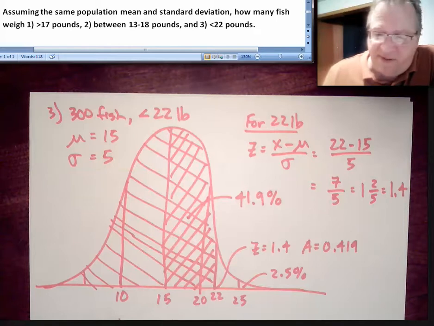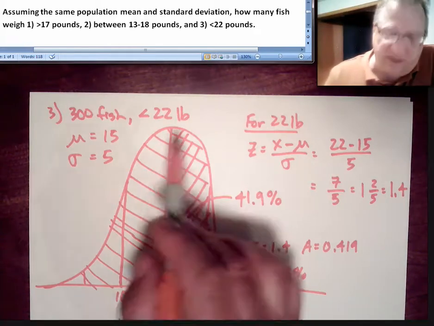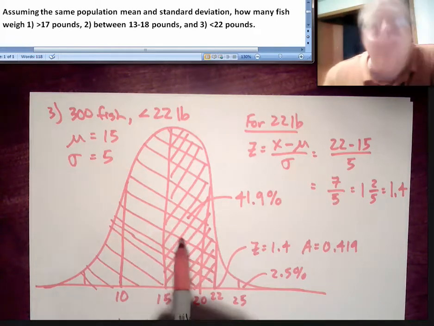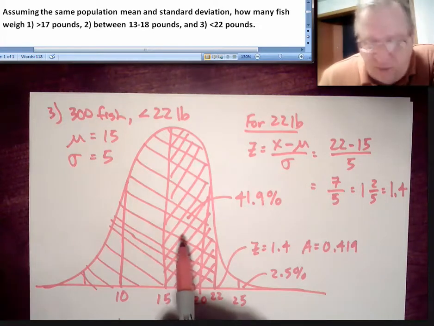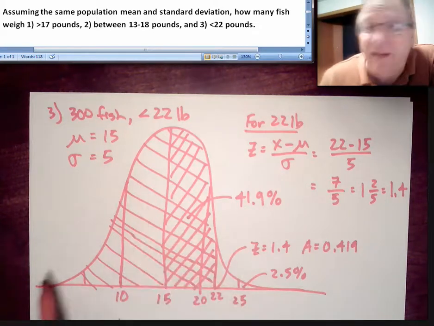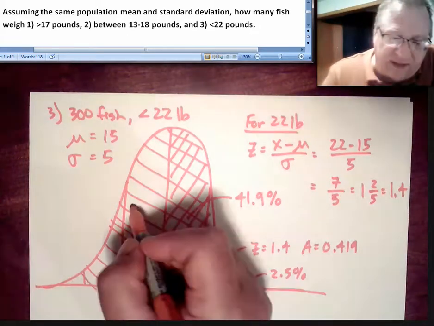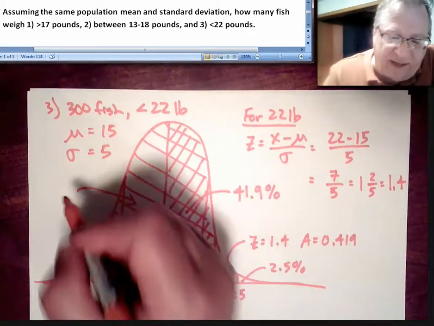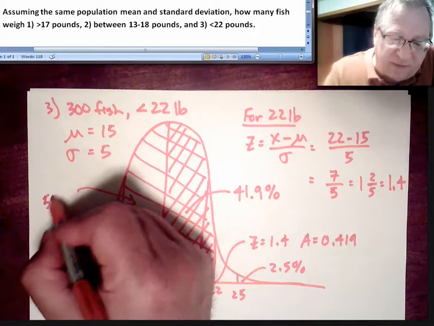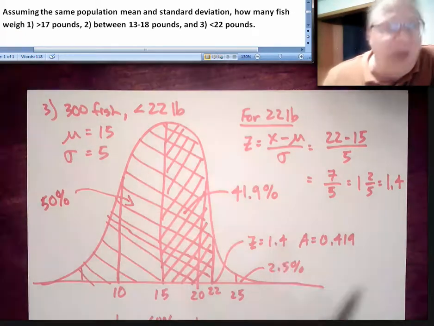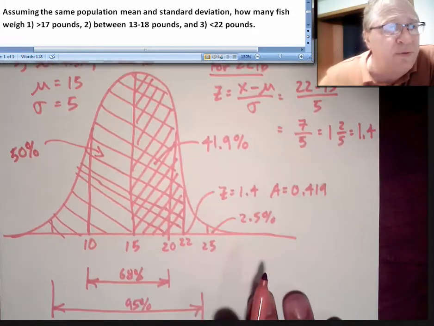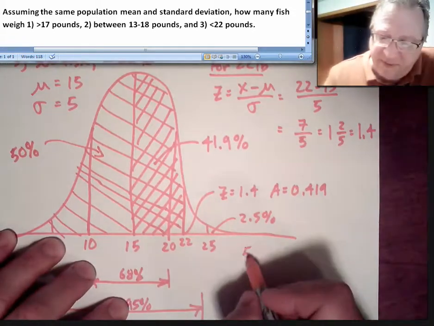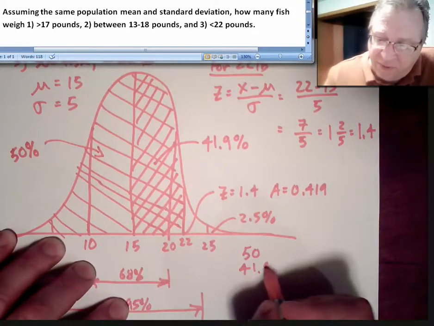So, how many fish weigh less than 22 pounds? Is it just 41.9%? No. We also have to consider everything to the left of the mean. But that's a no-brainer. We know that everything to the left is 50%, right? And so now we can add those two values together. We've got 50% plus 41.9.